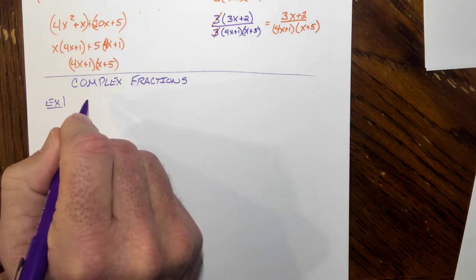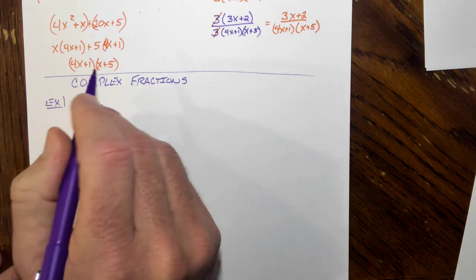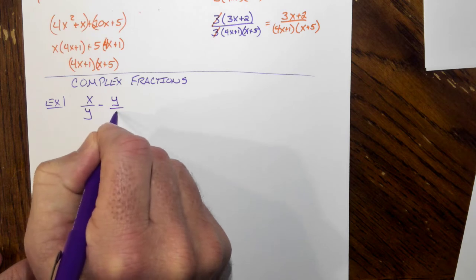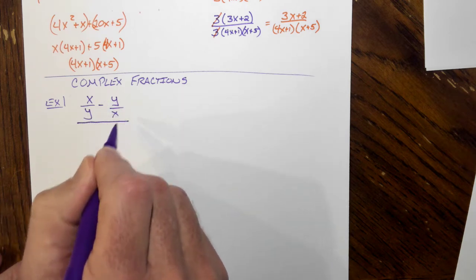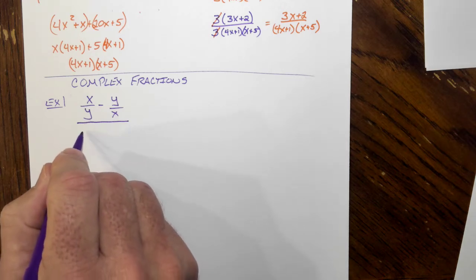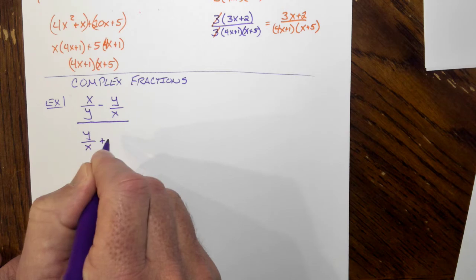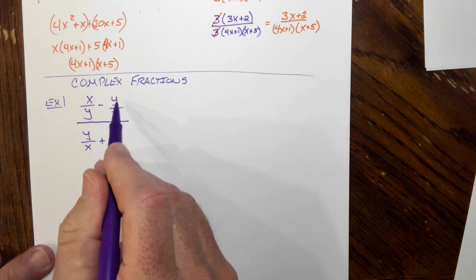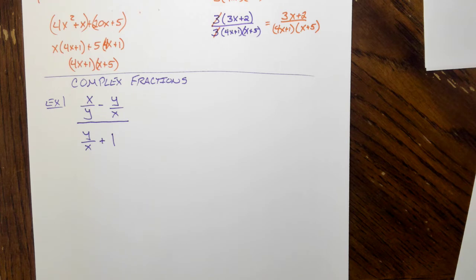I'm going to give you x over y minus y over x. And before you say, can I cancel those? No, it's a minus sign. But that's over y over x plus 1. And again, can't cancel those. Plus signs, minus sign.